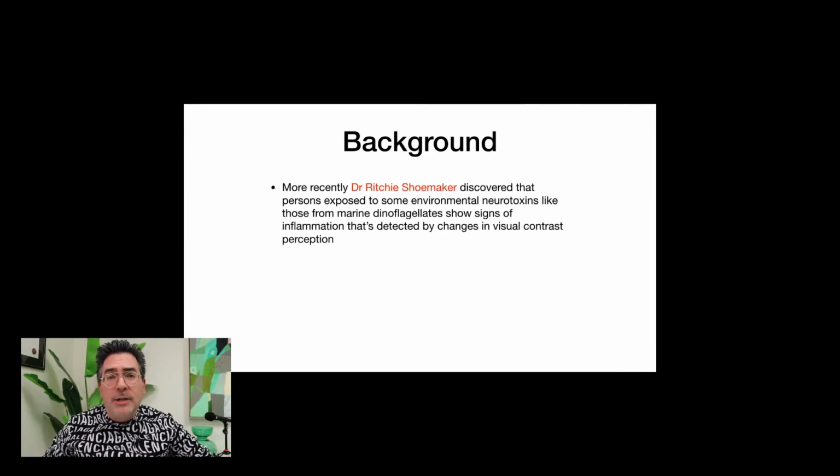More recently, Dr. Richie Shoemaker, who has been a pioneer in the investigation of water-damaged buildings and, importantly, the correlation of those persons with these adverse building environments, and the fact that many of these adverse building environments have mycotoxins or mold in high levels, and then the exposure of persons to these mycotoxins then seems to show a connection with deficits in their visual system.